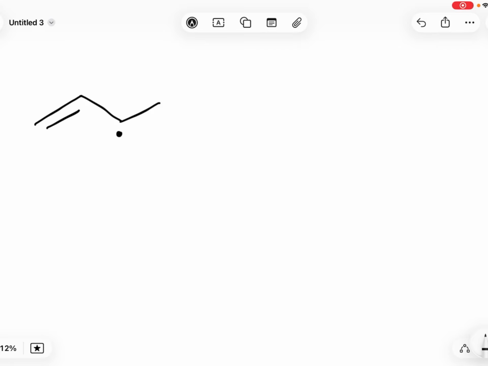So when we're drawing resonance structures with radicals, we use these single-headed arrows to represent how the electron is going to form a double bond between these two carbon atoms. And so we're going to take one electron from this double bond and use it to make a double bond between these two central carbons. Now that's going to leave us with one electron in the double bond, and it's going to be placed on this terminal carbon here.